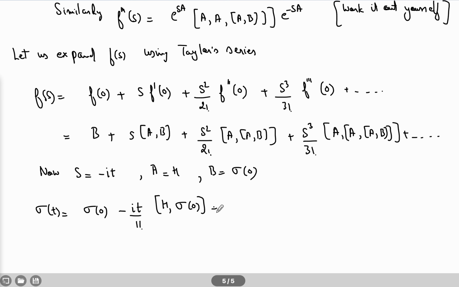Then plus, so the negative squared becomes positive, so it square by 2 factorial, and I have the double commutator between h and sigma 0.